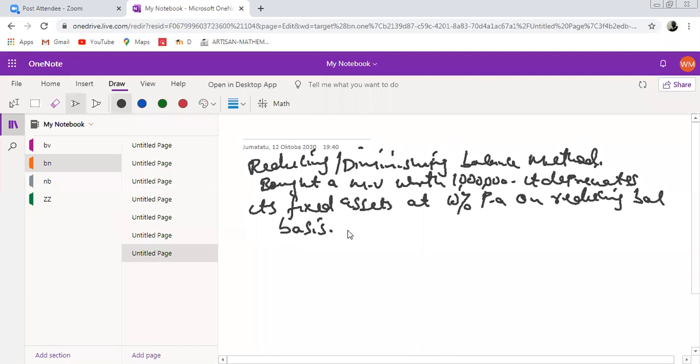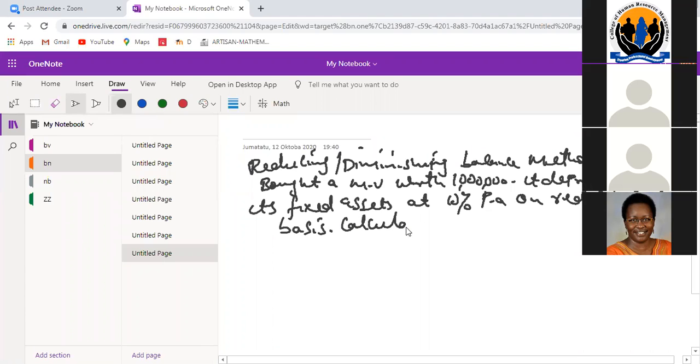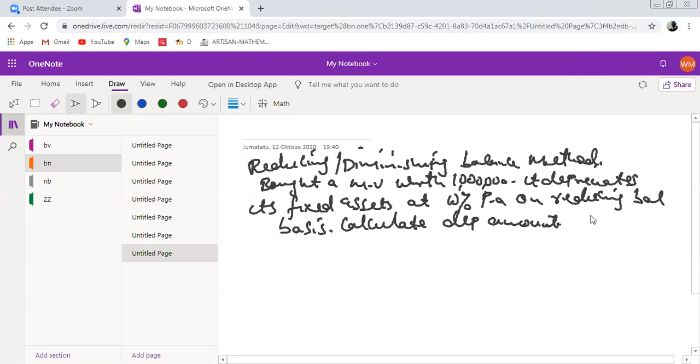Now the question is, calculate the depreciation amount for the first 4 years of this motor vehicle.